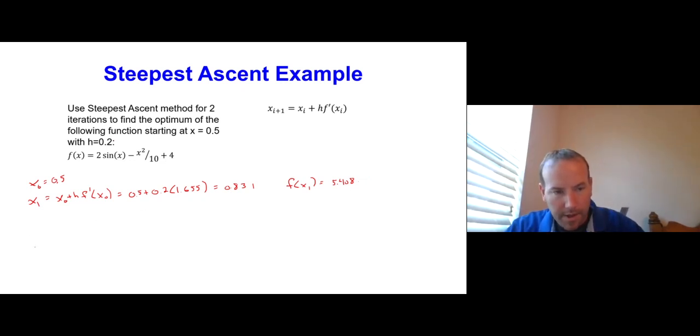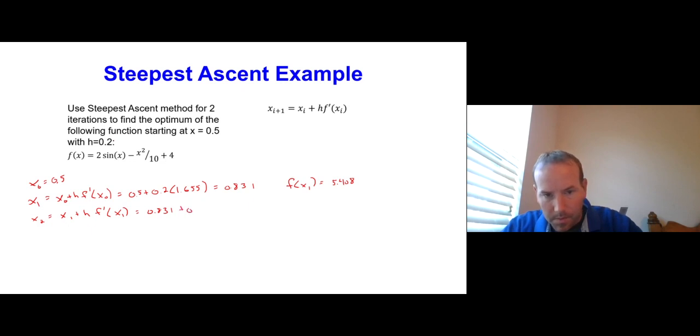So let's try that again to do one more iteration. So x2 is x1 plus h times the derivative at x1. Remember, x1 is at 0.831. And so that equals 0.831 plus 0.2, which is our fixed step size, times 1.182.